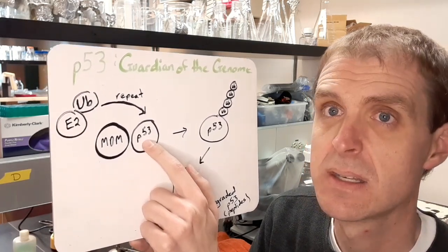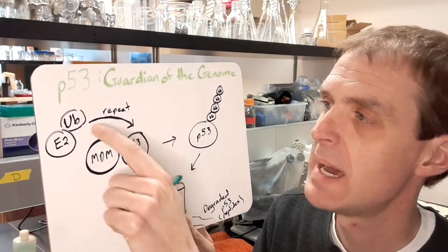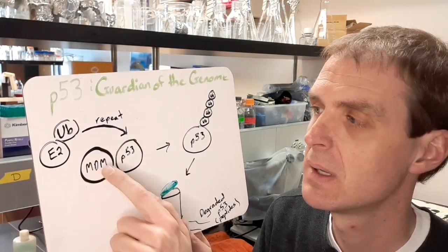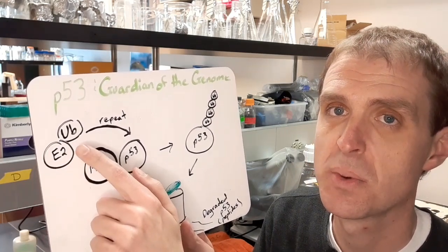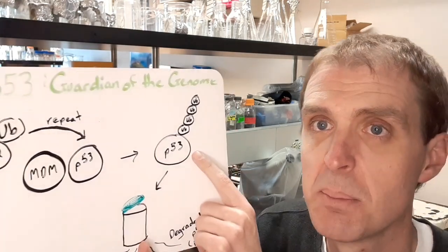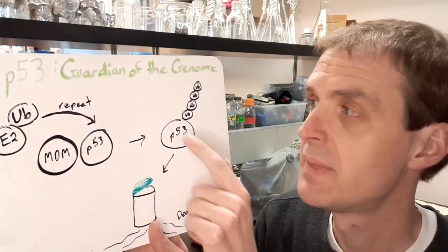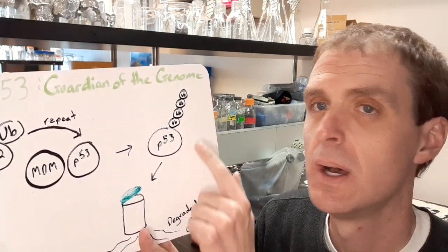In this case, it's that guardian of the genome, p53. This will happen multiple times. The MDM interacts with multiple E2s that are charged with the ubiquitin, and after those multiple rounds, you end up with p53 that then has a chain of ubiquitins stuck to it.